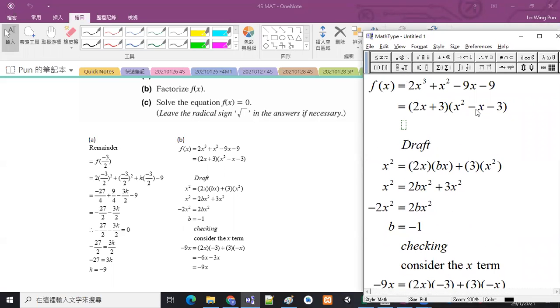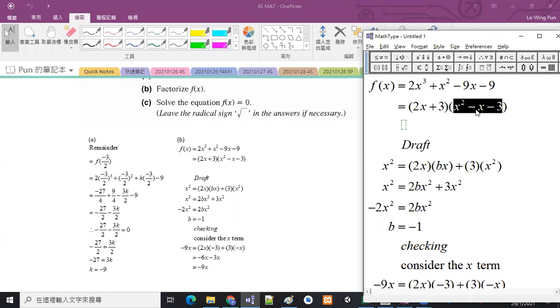Can we further factorize the second bracket into a product of two brackets? If you press the program one formula one, then you'll get a long decimal number. Okay, so that cannot be changed to fractions.